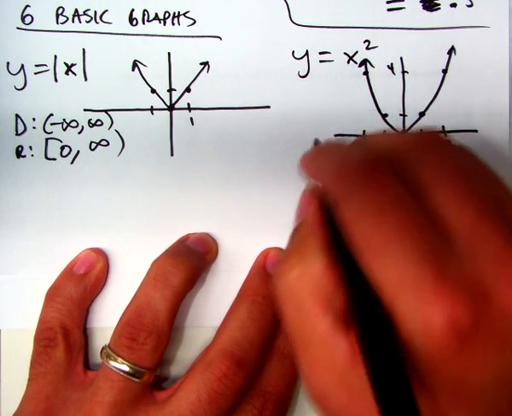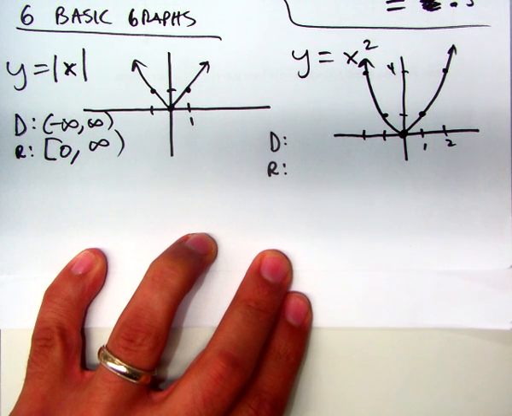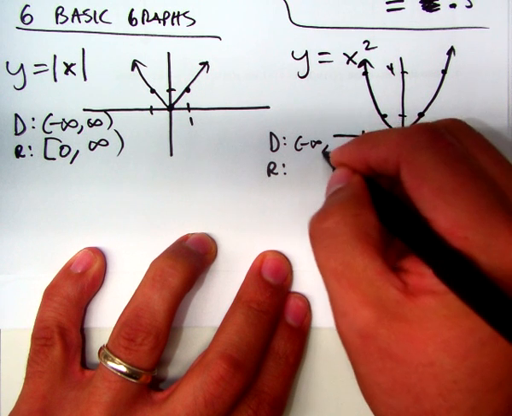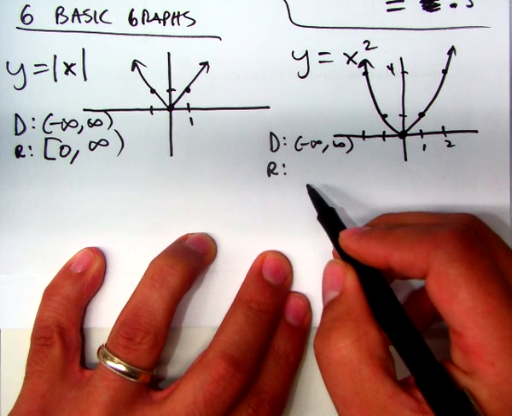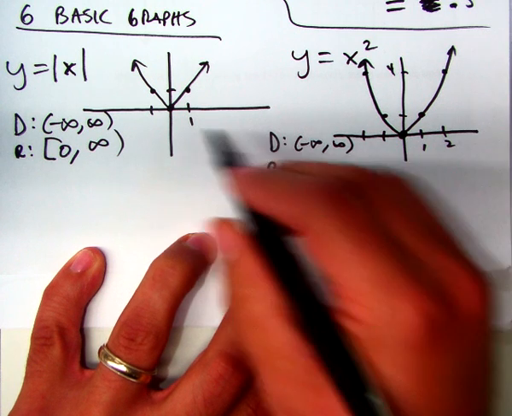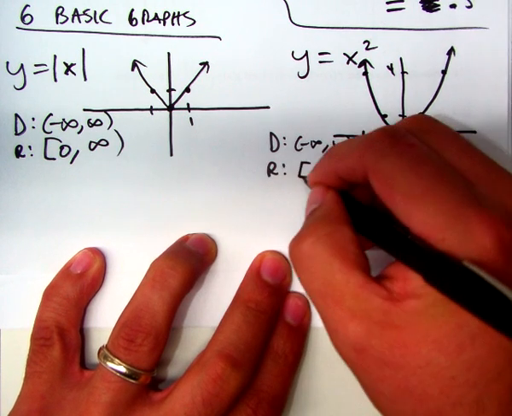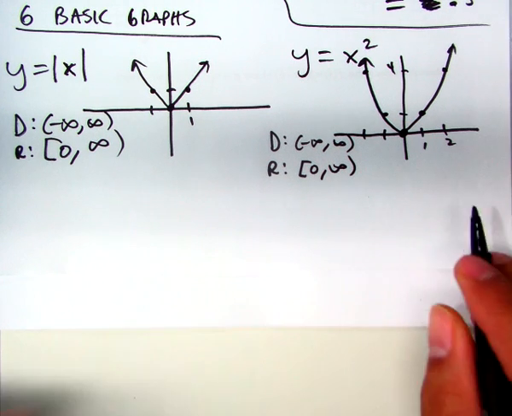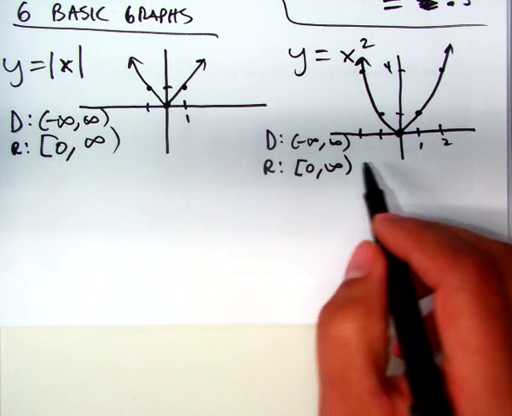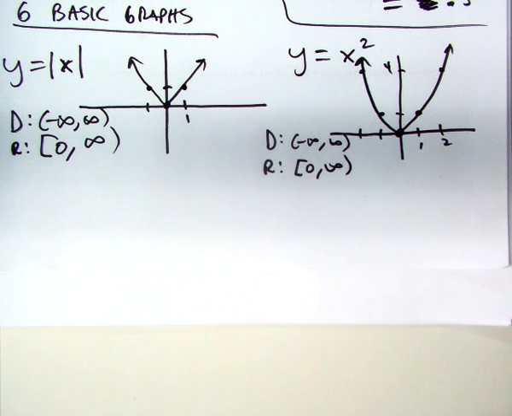The domain and range are all real numbers for the domain. Good. Range? The only thing that changes is that the shape is a little skinnier, but it's still all real numbers and still 0 to infinity.